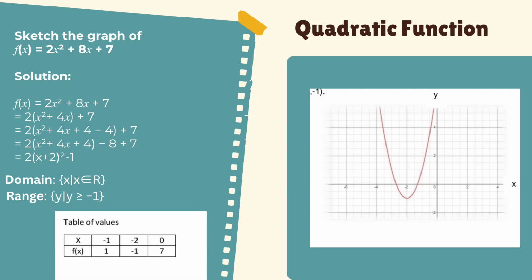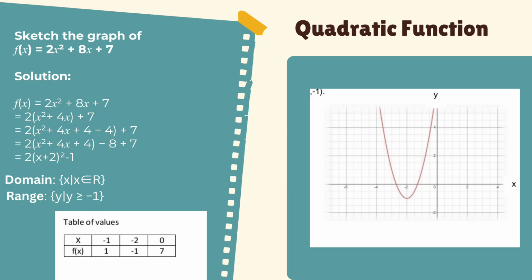Then simplify the equation. So we now have 2 times the quantity x squared plus 4x plus 4, minus 8 plus 7. So we now have the standard form: 2 times the quantity x plus 2 squared, minus 1. So from this form, you can see that the graph of f is a parabola that opens upward with vertex negative 2 and negative 1.